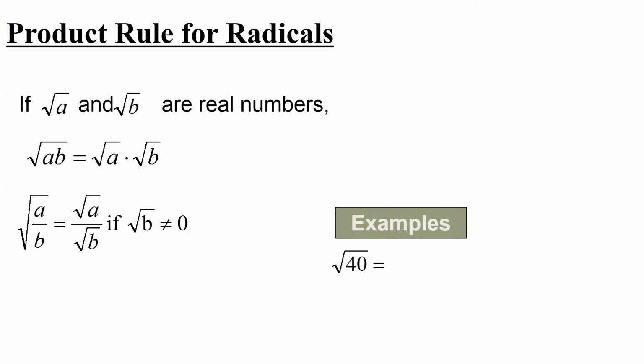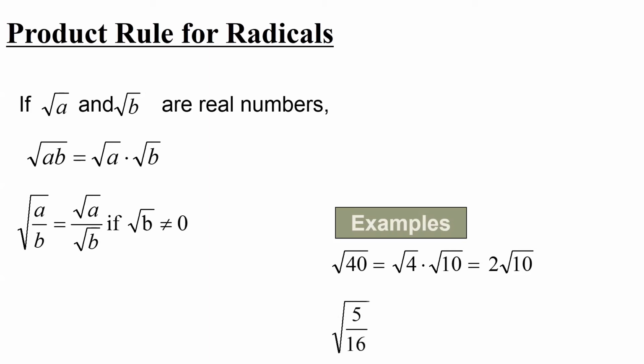If you have radical 40, you can just write it as radical 4 times radical 10. So you can split this number. You know that radical 4 is 2 and radical 10 is radical 10.